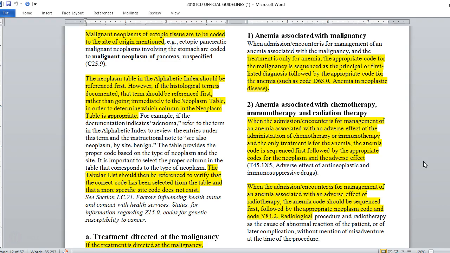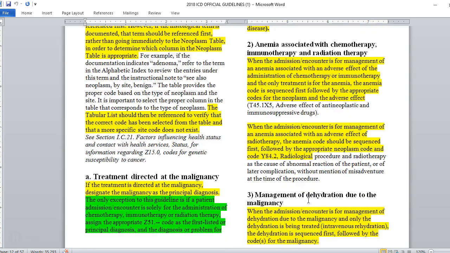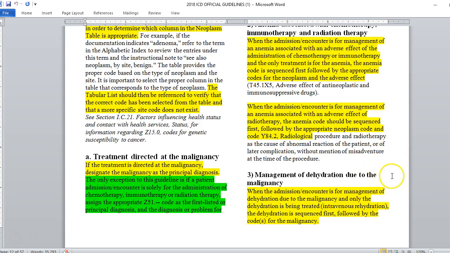So this is for chemotherapy and immunotherapy, okay, versus the second paragraph here. When the encounter is for management of anemia associated with an adverse effect of radiotherapy, which is radiation therapy, the anemia code should be sequenced first, followed by the appropriate neoplasm code and code Y84.2, radiological procedure and radiotherapy as the cause of an abnormal reaction of the patient or of a later complication, without mention of misadventure at the time of the procedure.